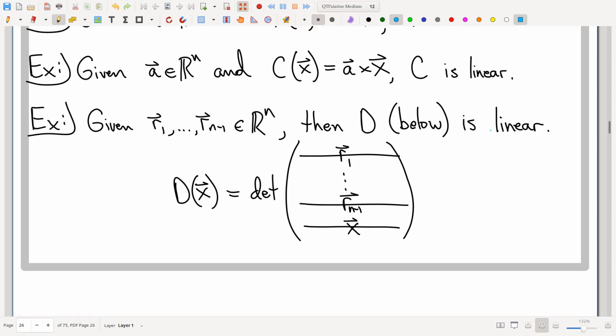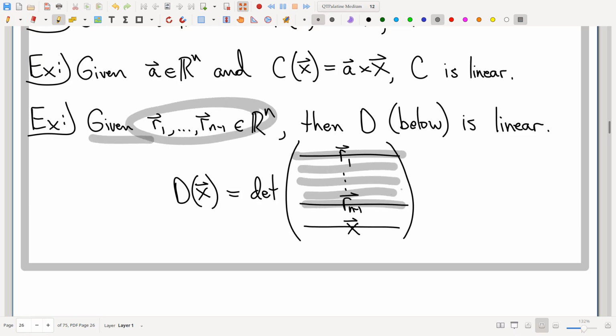What I'm saying here is not that. What I'm saying here is if you fix various vectors R1 through Rn minus 1, and then you create a function, my function D is kind of like this.